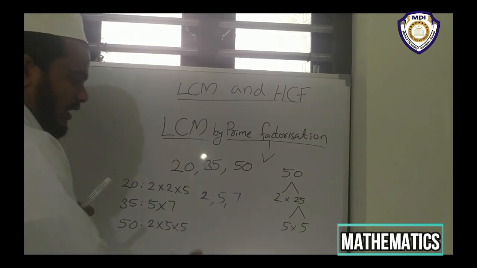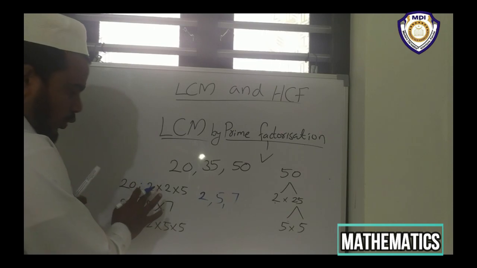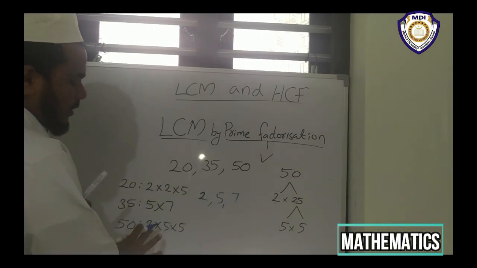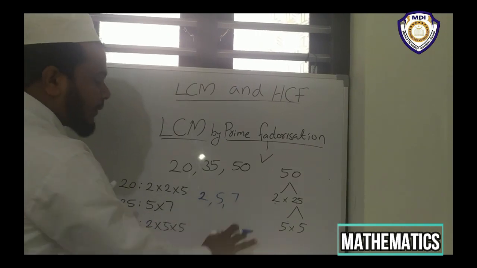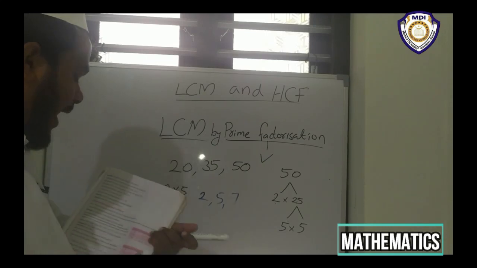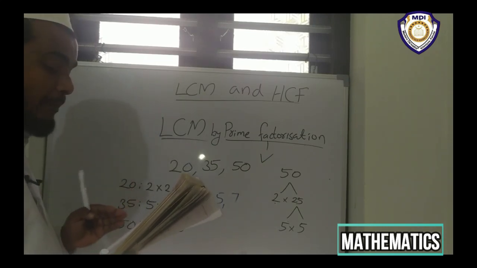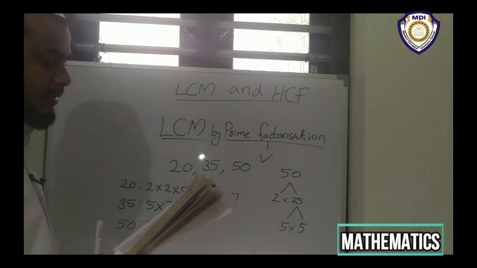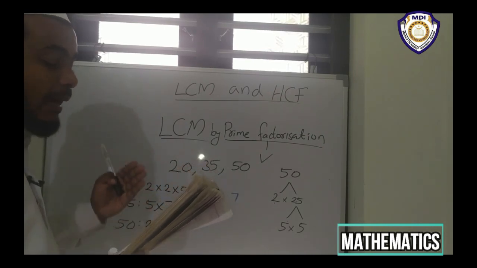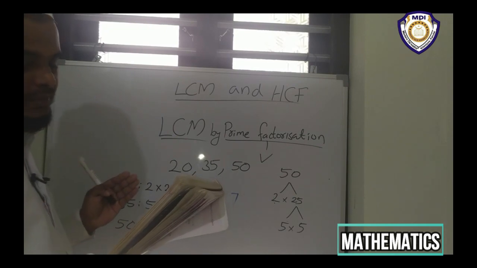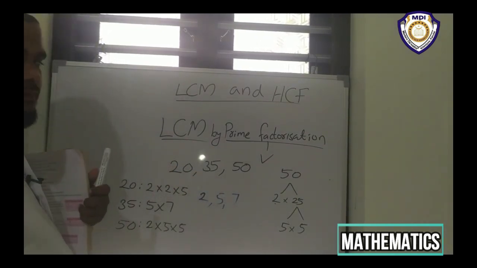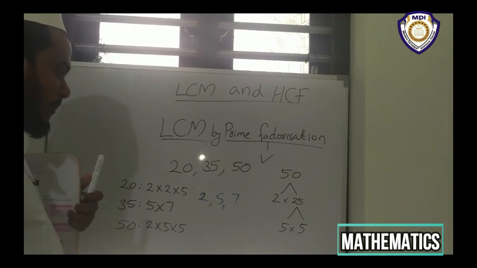The three prime factors are 2, 5, 7. My question: we have to find out the maximum number of times a prime factor appeared in the given numbers.